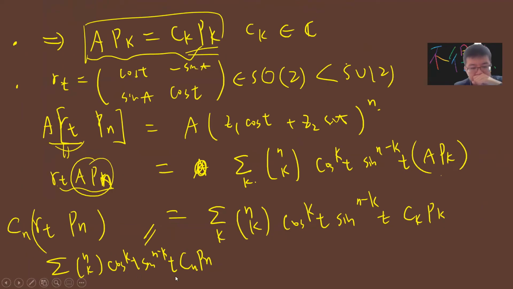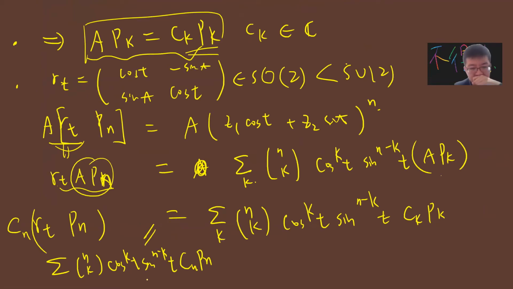Now you can see these two equations: one is c_n P_n and one is c_k P_k, and the k is different.